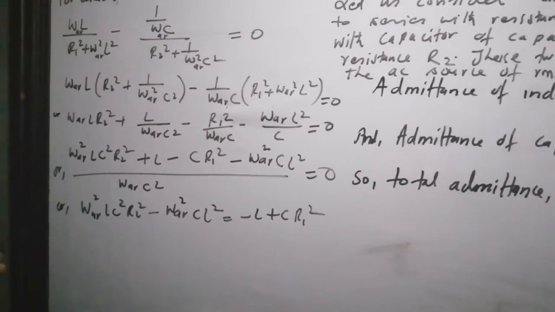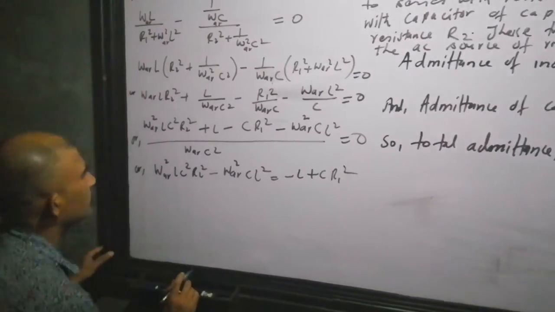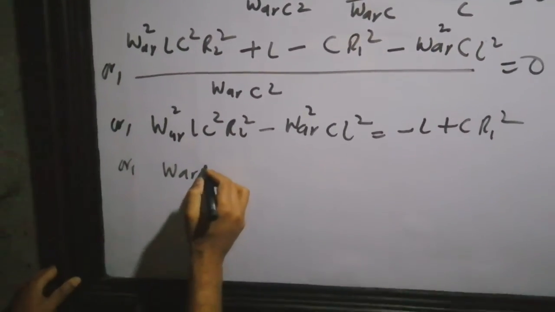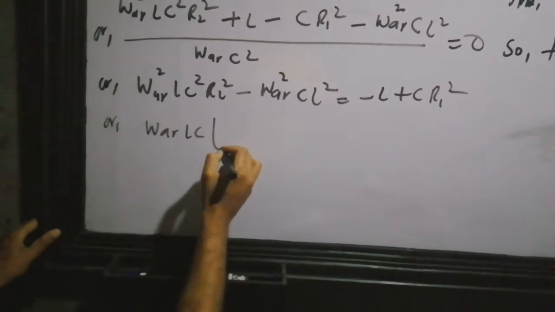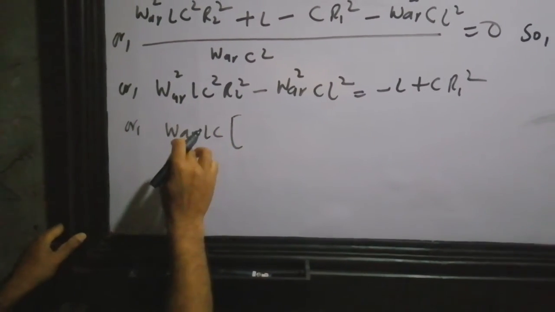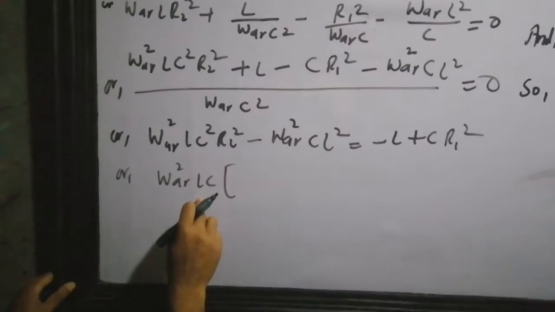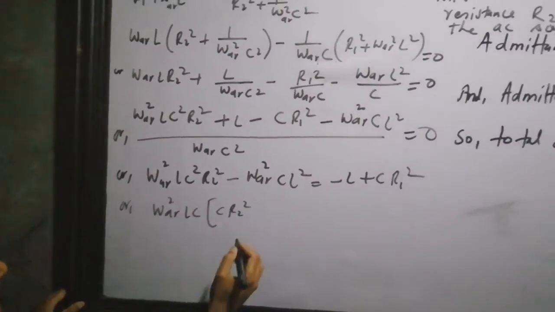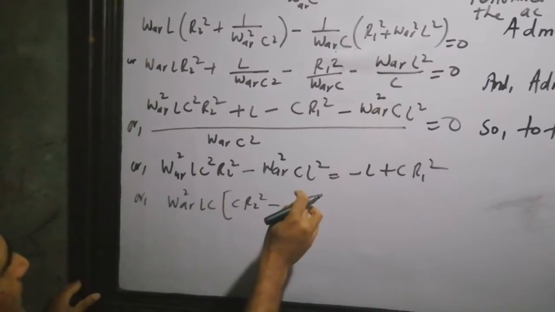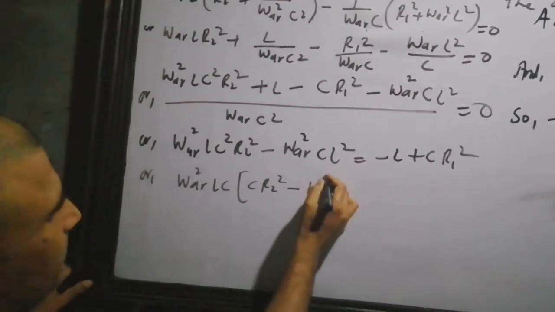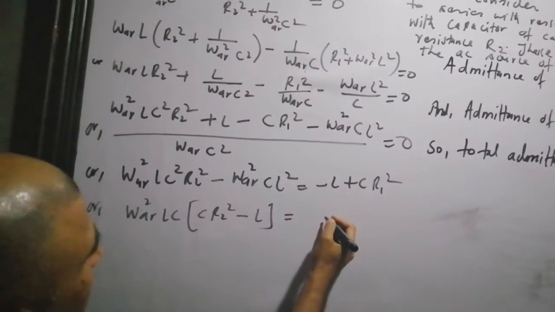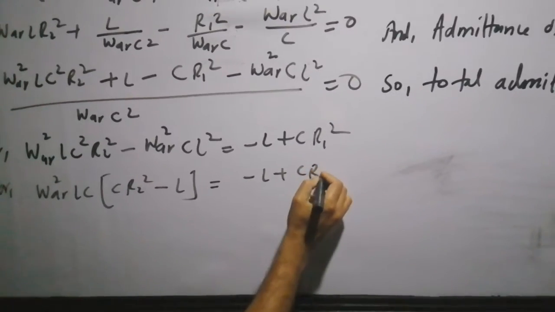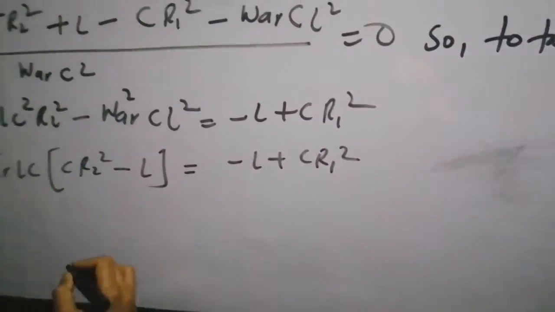Okay, and so here we have omega AR LC is common. So what I get, omega AR square also, omega square LC is common, and now I left with the C R2 square, and here the omega square common, and that C also got one L left here, equals to I got minus L plus C R1 square.